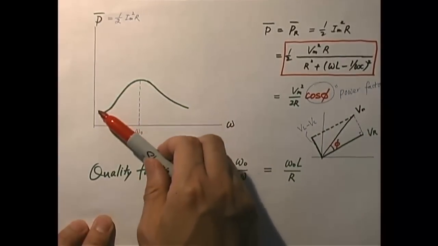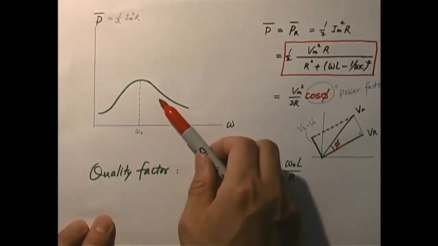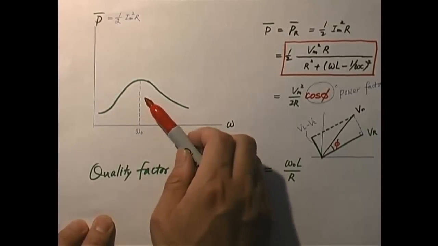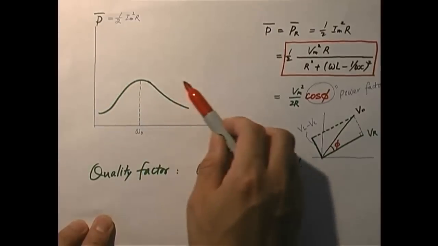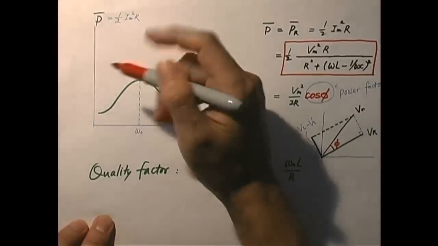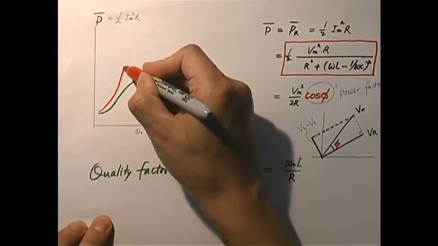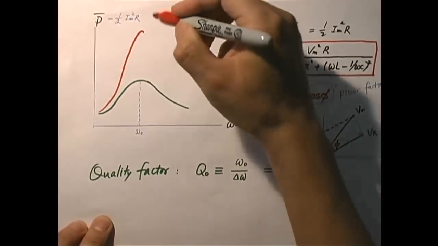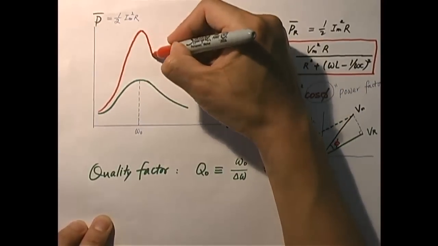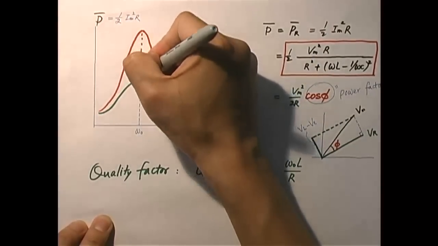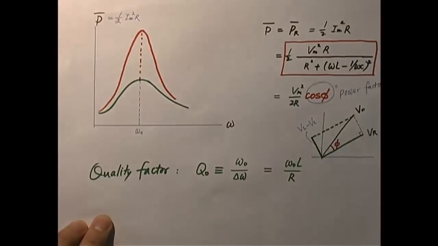Not only is the curve going to be skinnier, shall we say, because not as flat, but also the peak is going to rise. So as R decreases, I'm expecting something like that. Okay, it's going to peak at the same frequency, but becomes narrower.